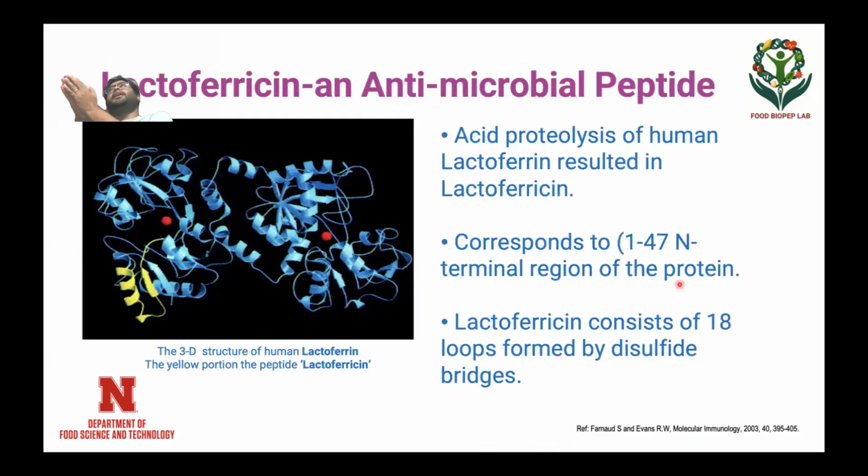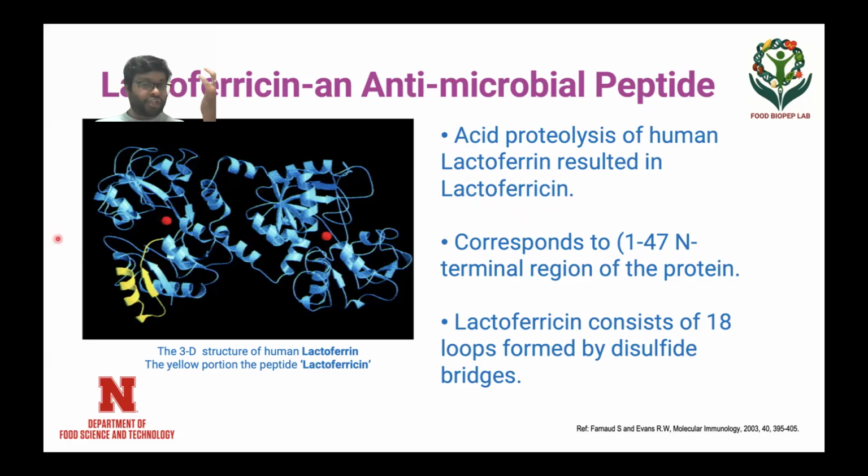Now, from these peptides, I'm shifting gears to lactoferrin, which is an antimicrobial protein, first identified from human milk. Within human lactoferrin, the particular peptide with the most antimicrobial activity is lactoferricin.